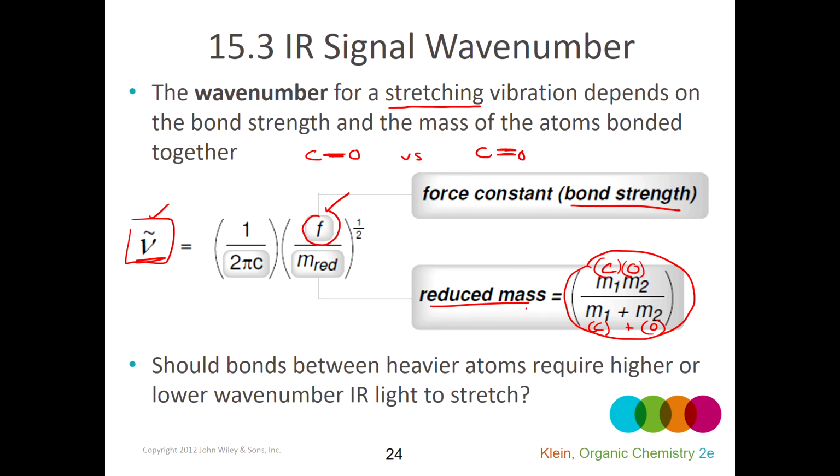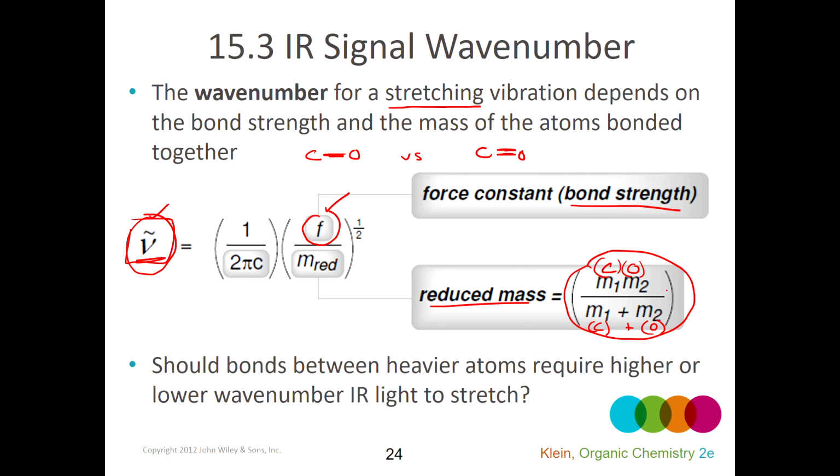We're not going to necessarily work with the numbers or plug anything in here and get any quantitative calculations. We're just pointing out that if I have two bonds, the strength of the bond and the mass of the atoms involved affects the energy required to stretch that bond.